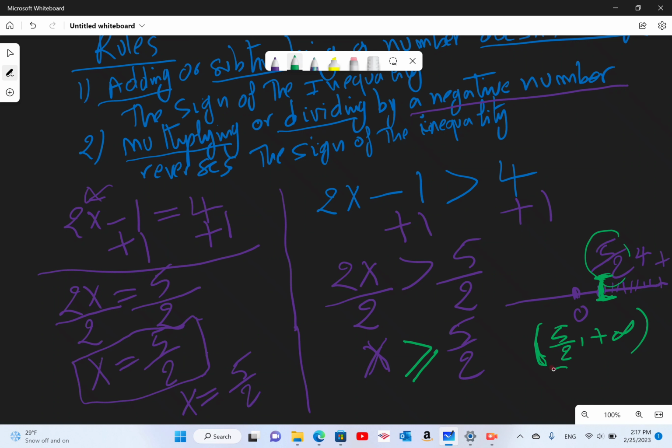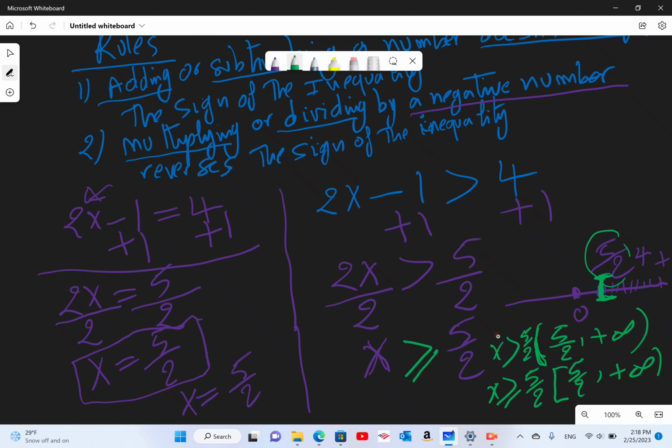And in the interval notation, this is how we represent it: a closed bracket, 5/2 up to plus infinity. So this is for x greater than 5/2, and this is for x greater or equal than 5/2. Here, x greater or equal than 5/2 means that 5/2 also solves this linear inequality.